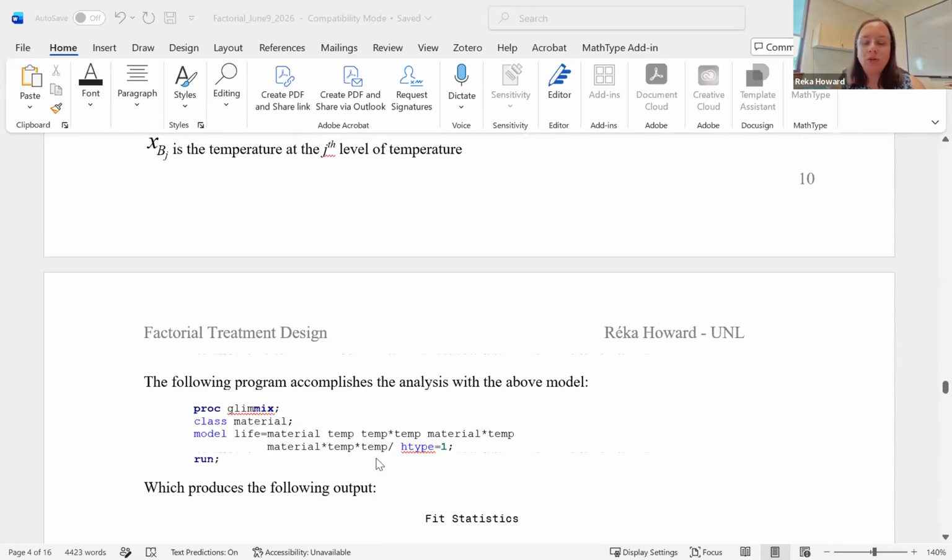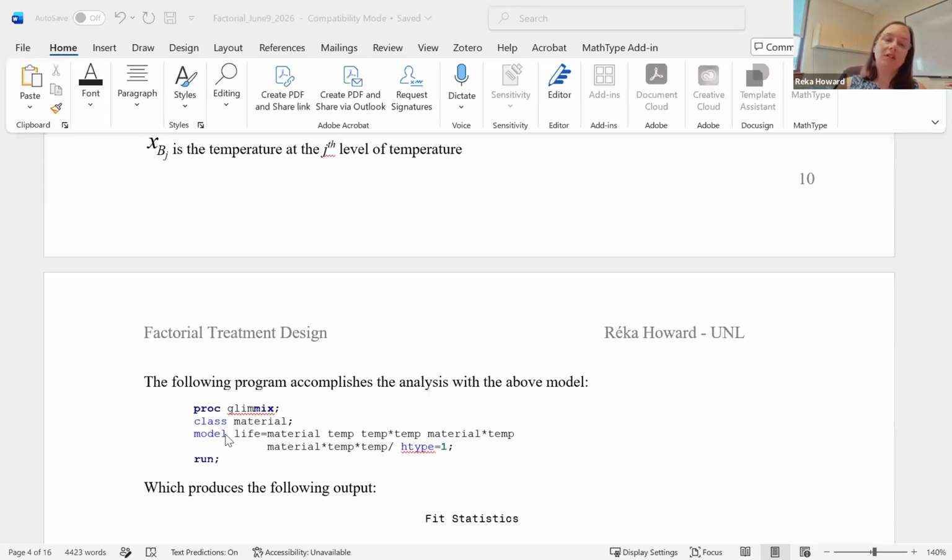So this is the code. Don't worry, I didn't even mention SAS in my notes, not yesterday, not today, and that's not my point. But I just wanted to leave this in to show you what to do in general. Of course, your software can be very different, but what you have to pay attention to is the class statement.